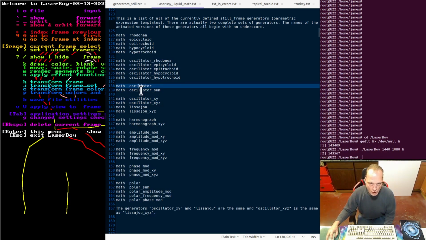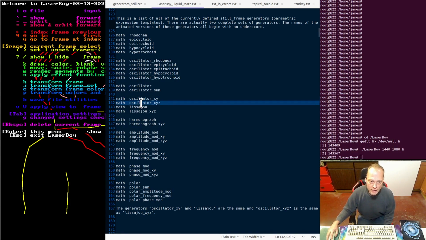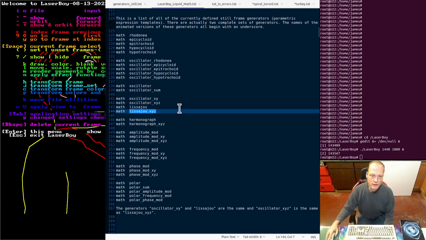They use from 1, 2, 2, that one's 2, this one's 3, it's just X, Y, and Z. Lissajous is the same as oscillator XY. It's the same exact thing. If you call this or this, it's the text reader, the LaserBoy text interpreter just says yep and does exactly the same thing. This and this are also exactly the same thing.